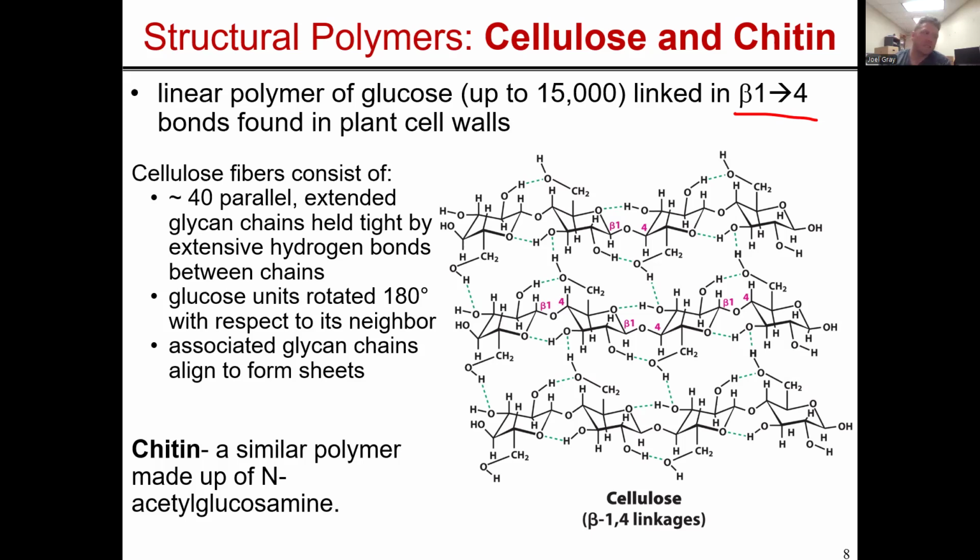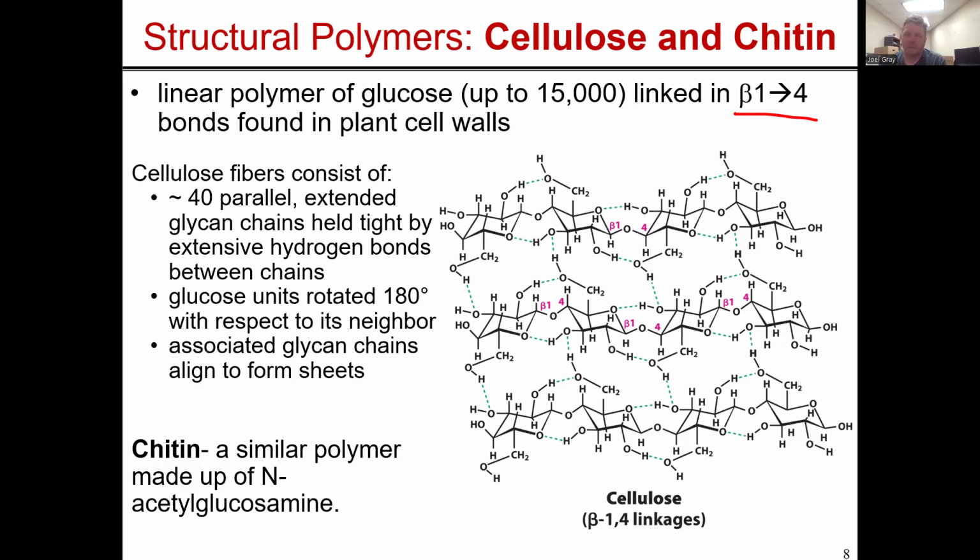And so that's important to recognize because if within your gut you had an enzyme that could break beta 1,4 linkages, then you could go outside and break some bark off a tree or pick up a piece of grass, eat it, and you get a bunch of glucose from that. But you don't. You don't have that enzyme.